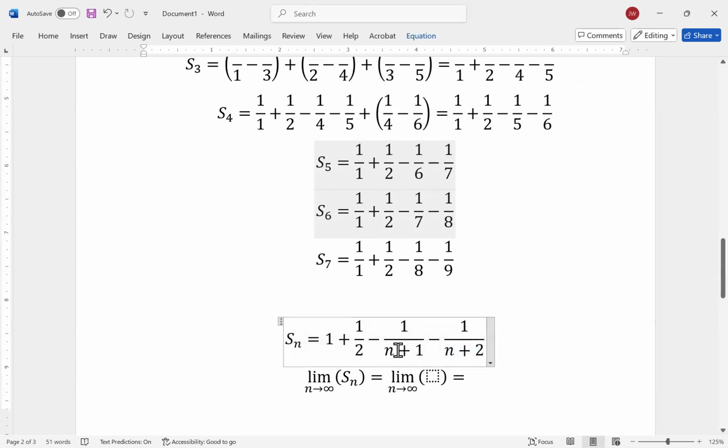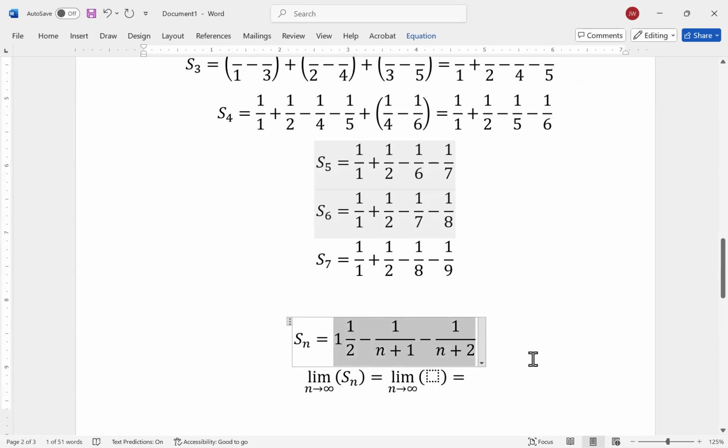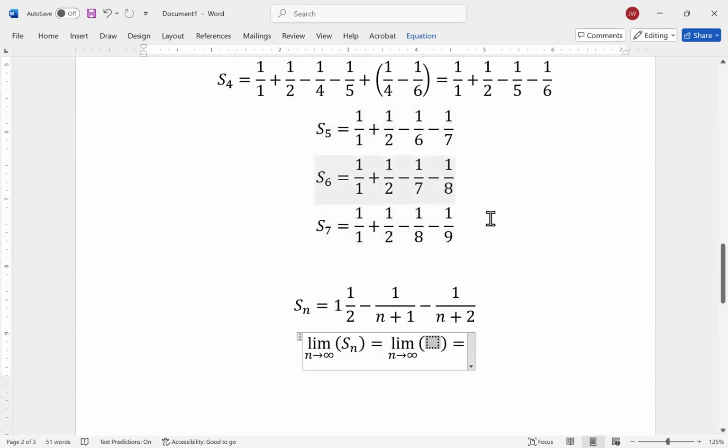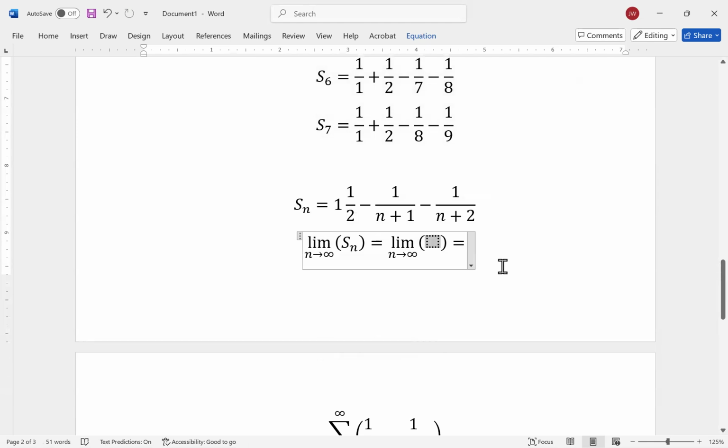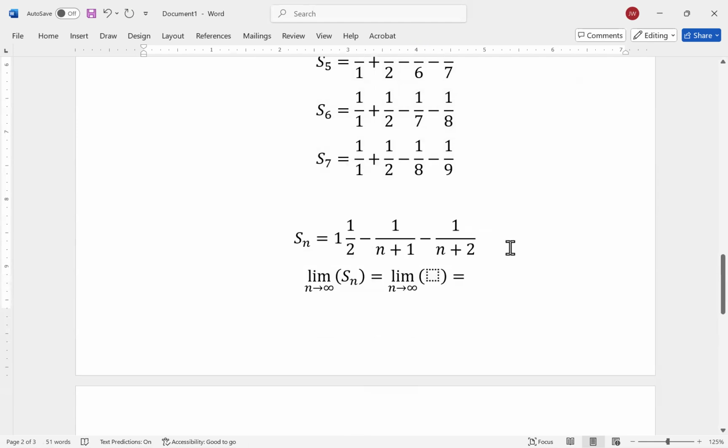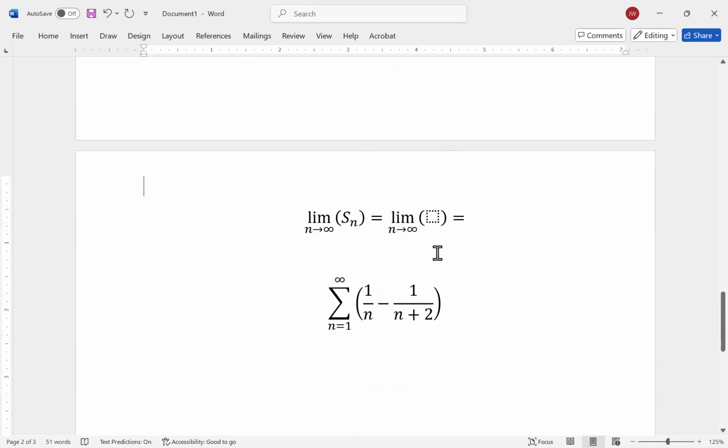So we get 1.5 minus 1 over n plus 1 minus 1 over n plus 2. Now, this is a really nice sequence of numbers. These partial sums are a really nice sequence of numbers.